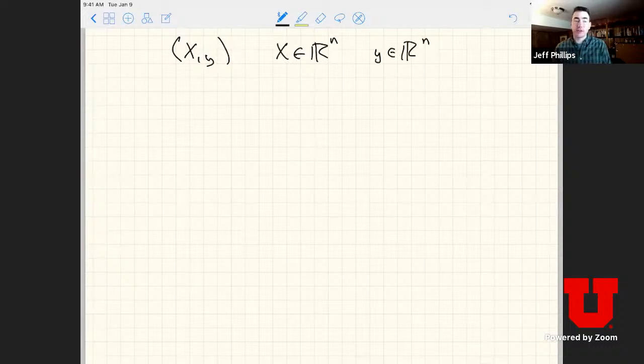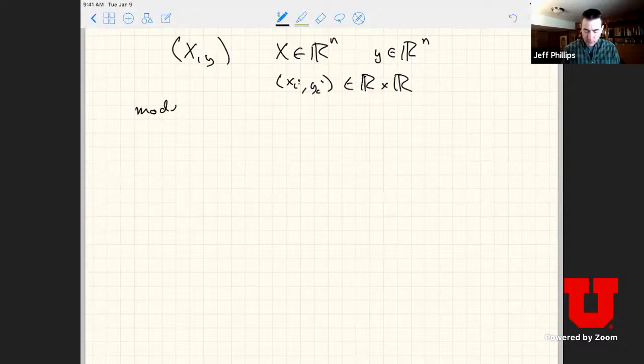So every x_i, y_i is going to be an element of R cross R. That means x is one-dimensional in this setting. But the model we're going to consider now, just as an example, is going to be quadratic.